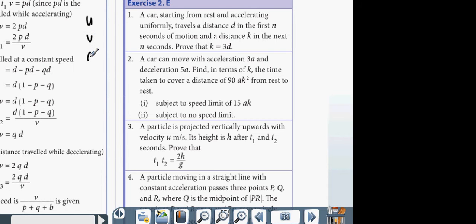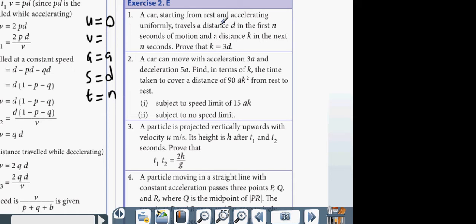This is during the acceleration part, okay? s is equal to d, a is equal to a, v is equal to, we don't know, u is rest equals 0, time we have no idea about, okay? t is n. t is equal to n.